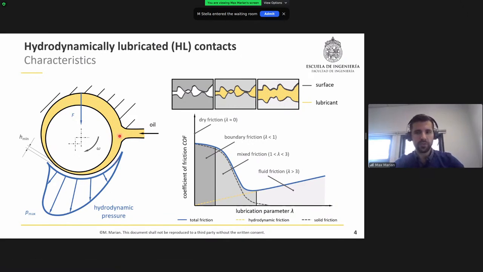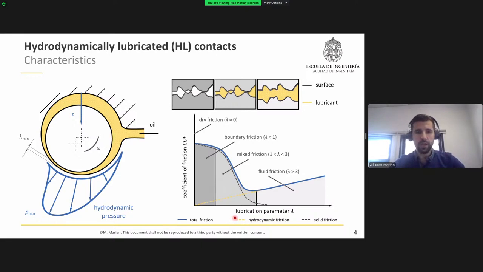If lubricant is drawn into the contact, as exemplarily shown here for a radial hydrodynamic journal bearing, hydrodynamic pressure can build up, lift the surfaces and thus separate them.